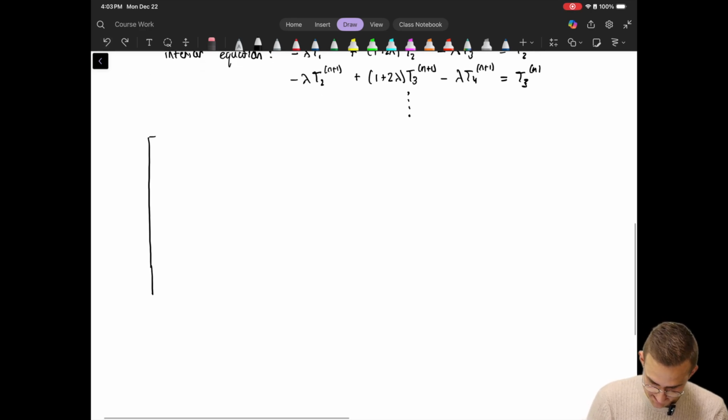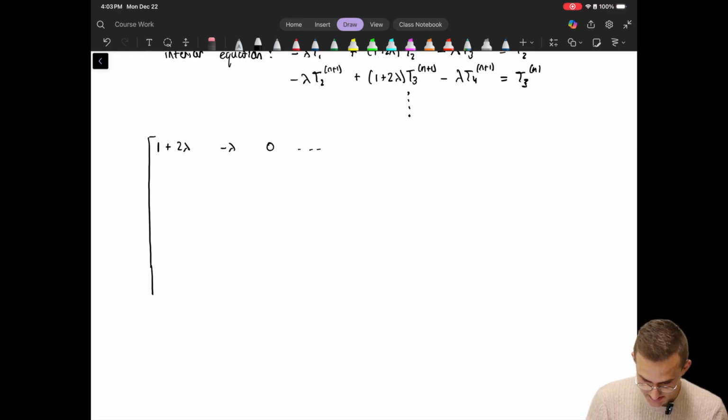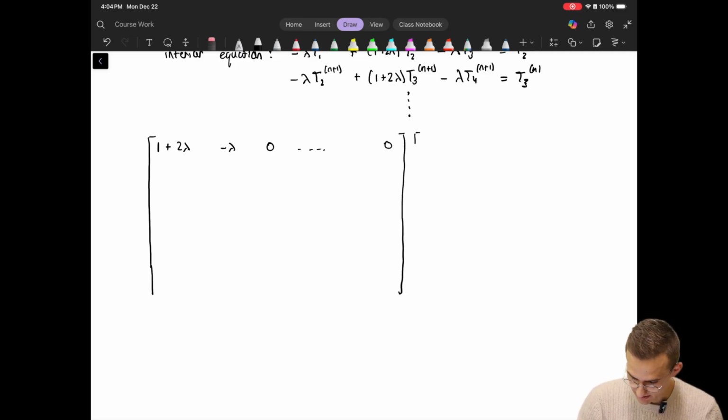I'll start filling out these values and it'll become clear. So I'm starting with 1 plus 2 lambda. The next entry is minus lambda. And then we have 0, and those entries continue to the right, and then eventually we'll have another 0 over here, and that'll be the end of the first row. The first element of the vector that we're multiplying this matrix by is t1 at n plus 1. Okay, so that's the first interior point.